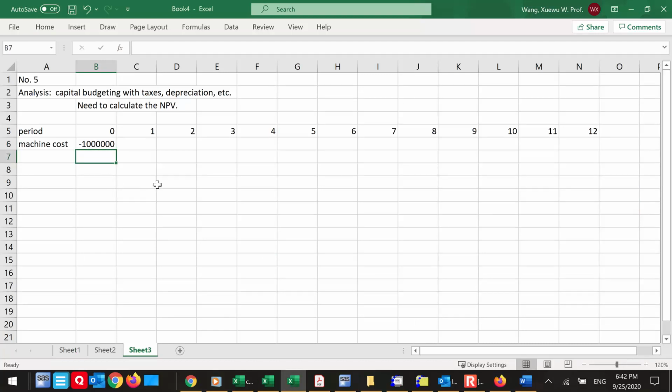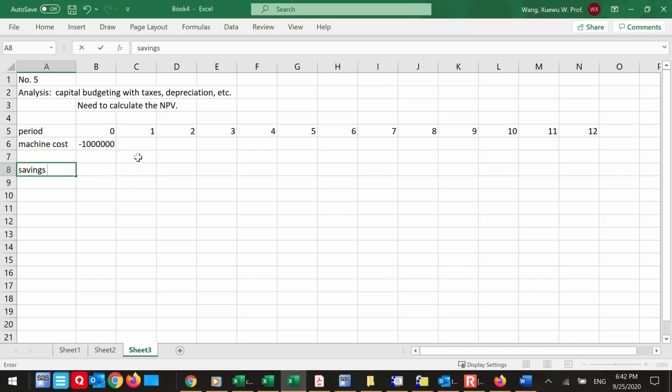If you produce the cans on your own, first of all, you're going to look at the savings from producing your own can as compared to buying the cans from outside.